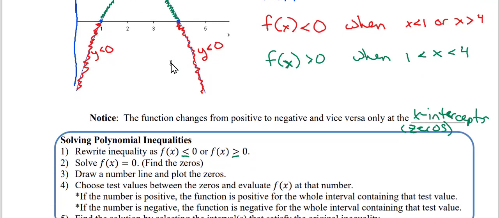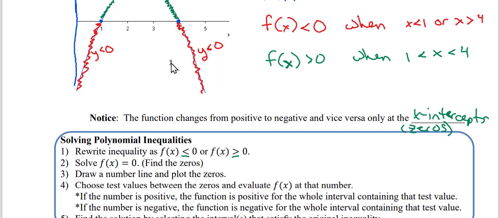So we draw a number line that represents the x-axis, and we plot those zeros, and that breaks our x-axis up into intervals. And we just test a point in each of those intervals. We plug that test value into the function.